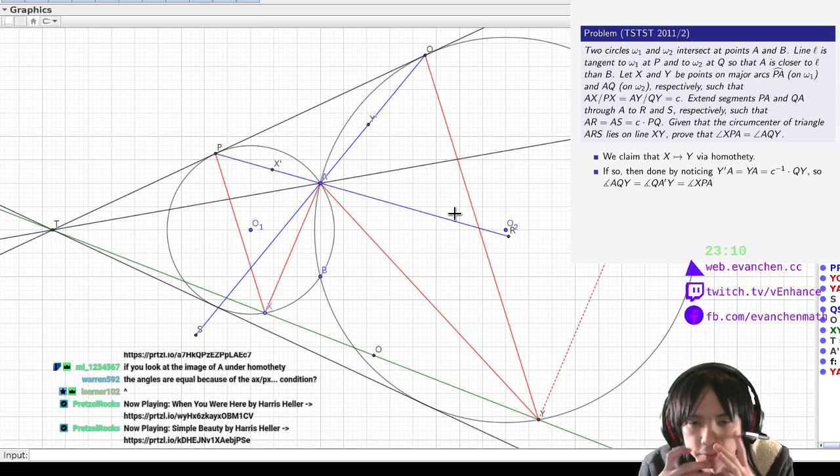Now I just want to figure out what this point O is doing and what the points R and S are doing.